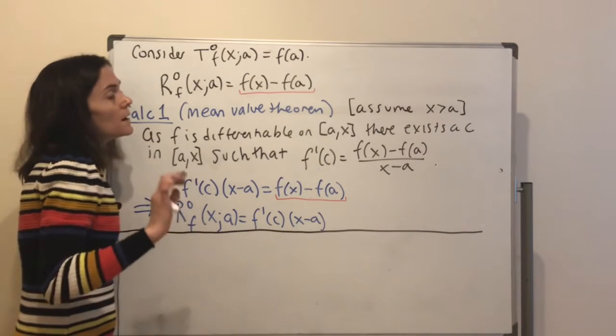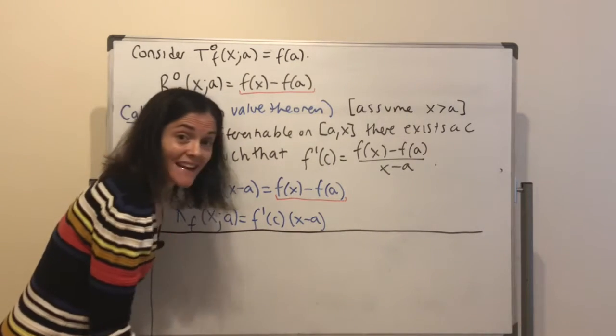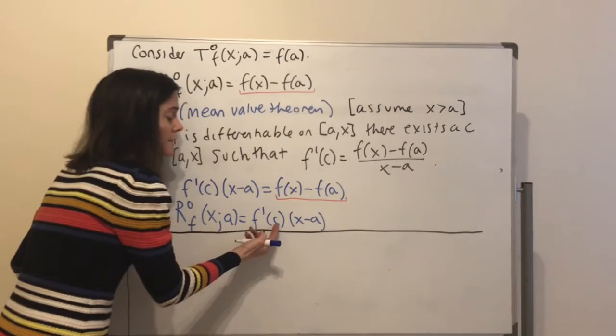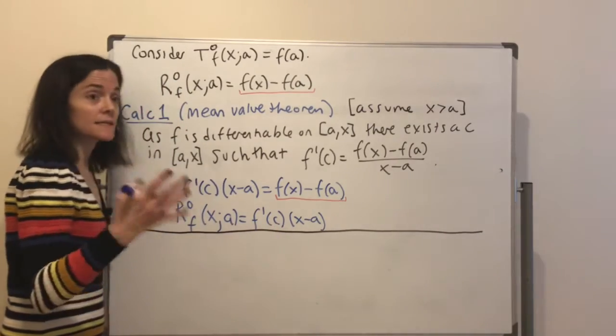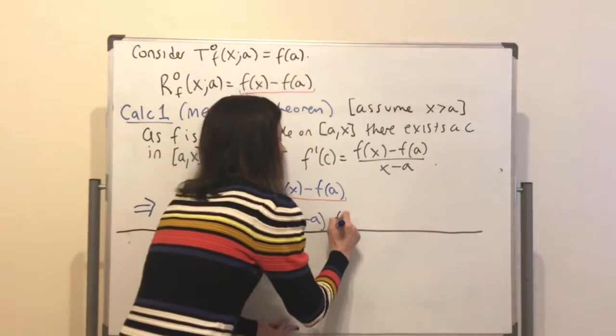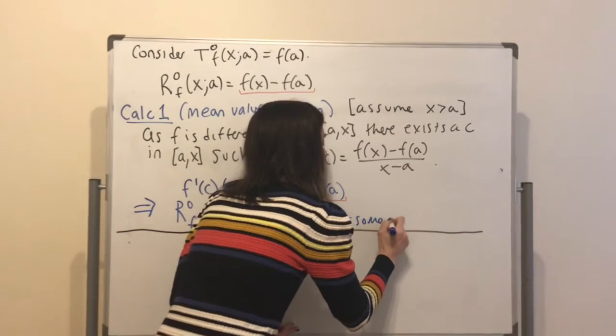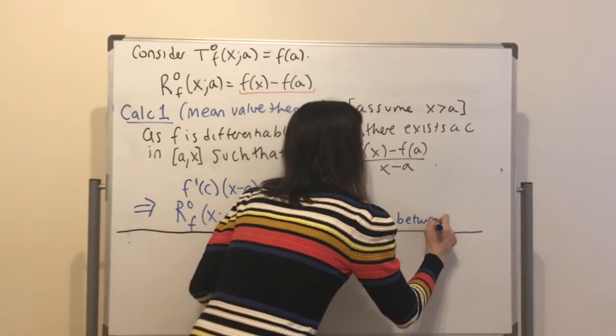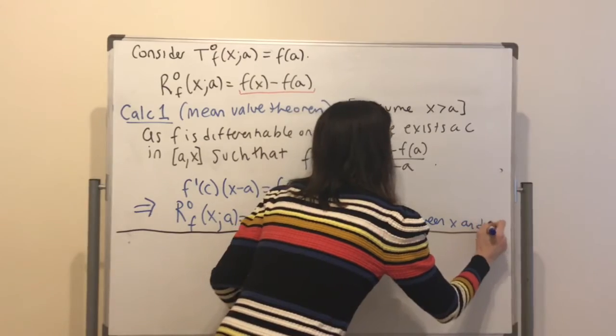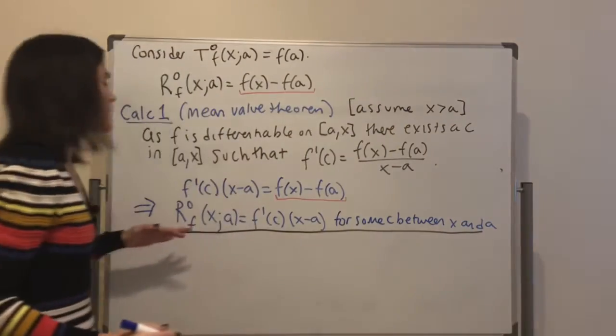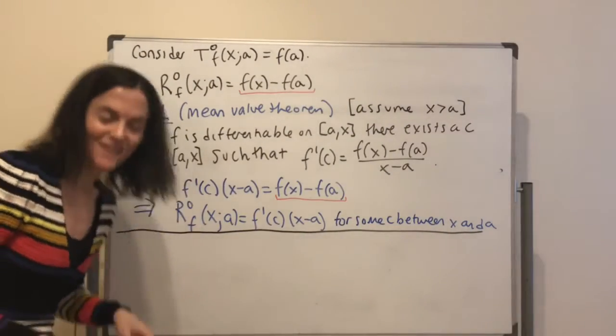So it looks like the very next term, except for evaluating the derivative at a, it is evaluating at some c. And I will write this for some c between x and a. Okay, this is directly from mean value theorem.